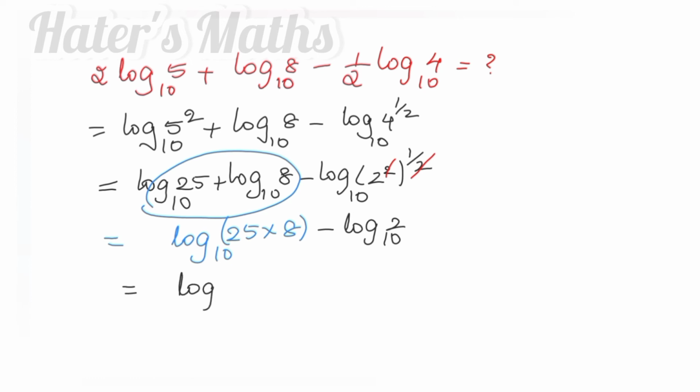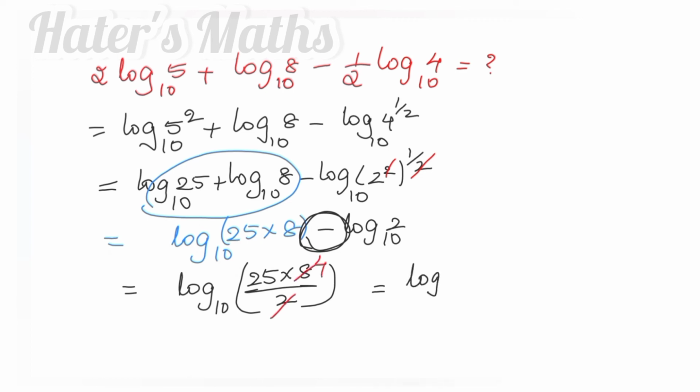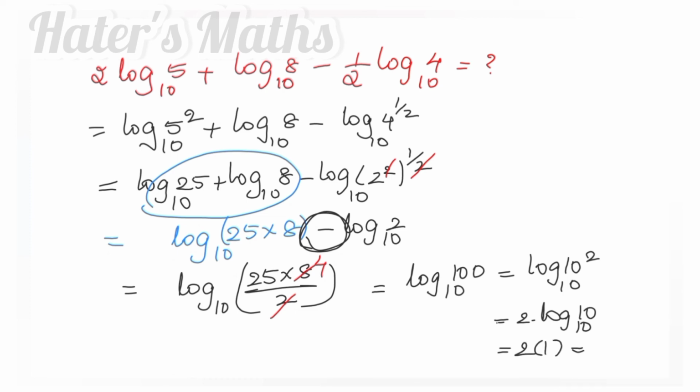Here again we need to use the quotient rule, so it is equal to log 25 into 8 by 2 to the base 10, which is equal to log 100 to the base 10. Again log 100 means log 10 square to the base 10. Using the power rule, 2 log 10 to the base 10, 2 into 1, that is equal to 2.